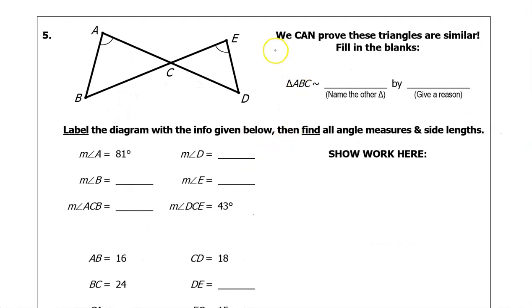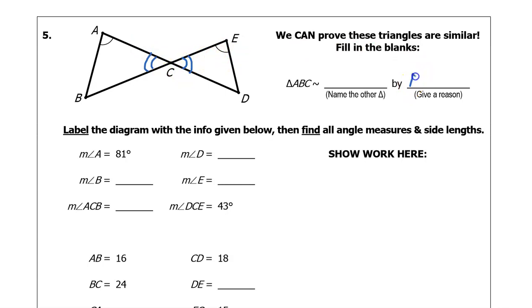In number 5, we are told that we can prove that these triangles are similar. So let's go ahead and fill in the blanks. I'm going to actually decide the reason first. We are given that angle A is congruent to angle E. We can also note that this angle is congruent to this angle because these are vertical angles. That gives us 2 pairs of congruent angles.